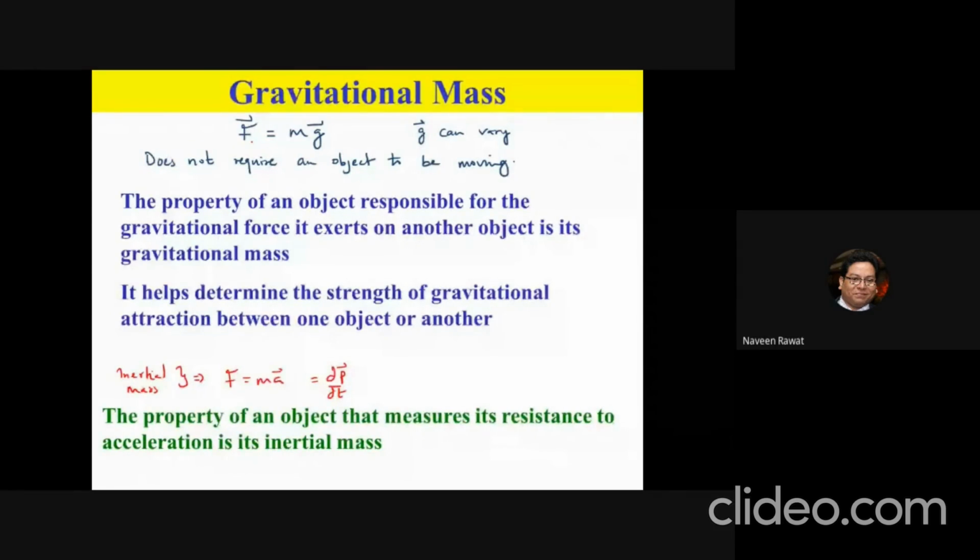However, now you have this gravitational force acting far, far away from where it is originating. So it's a much more difficult concept to comprehend than what we have been taking for granted.